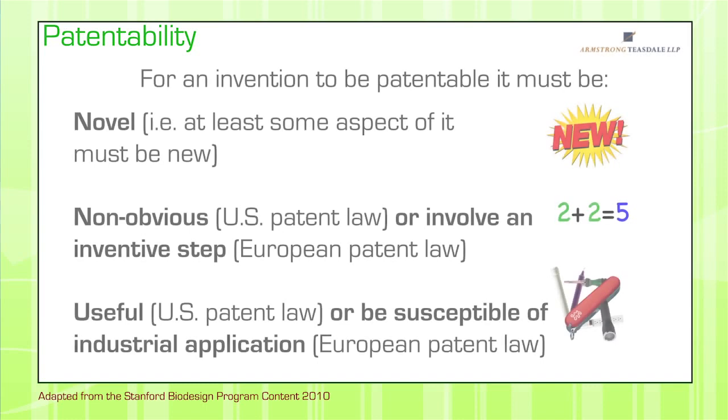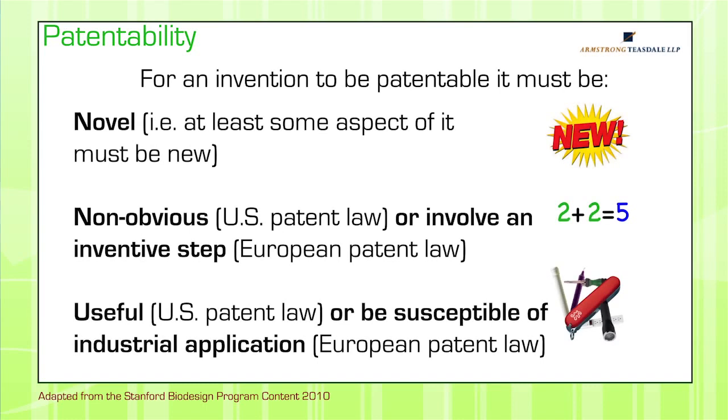But thinking a little more about what patentability is, an invention to be patentable must meet three criteria. It must be novel, it must be non-obvious, or at least in European countries, it must involve an inventive step, and it must be useful or susceptible of industrial application, as European patent law states.